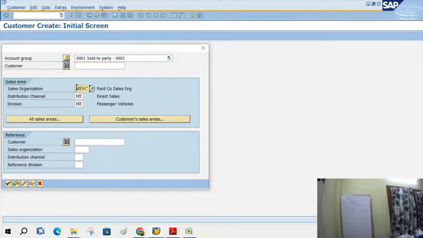Can you give me your sales org, Shamika? Anyone in the class who remembers the sales org, distribution channel, division? It's a 4-digit ID, Shamika.